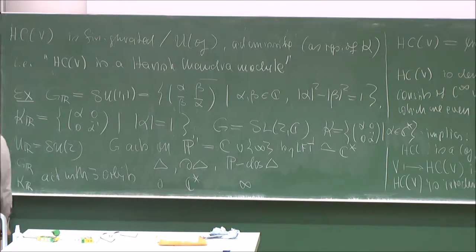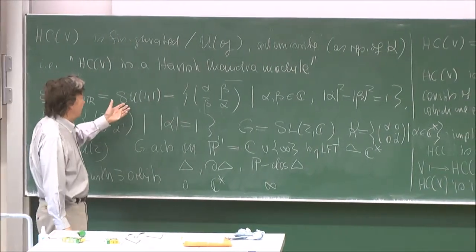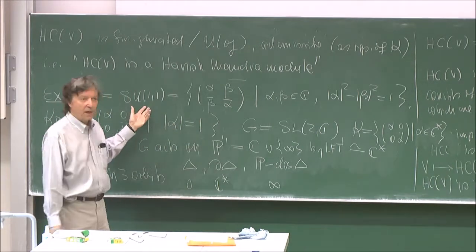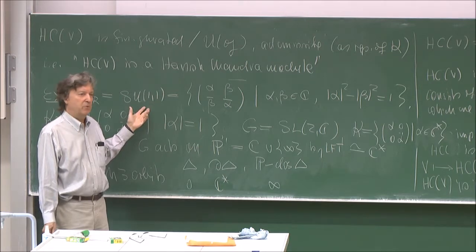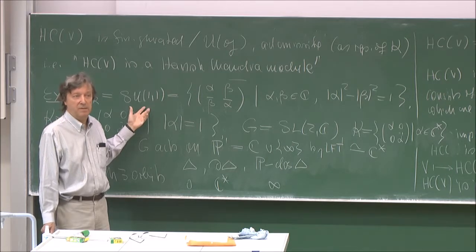Now, what I should have said in the beginning is that up to conjugacy inside G, SU(1,1) is also SL(2,R). And we typically are more familiar with SL(2,R) than with SU(1,1). It's really the same group.